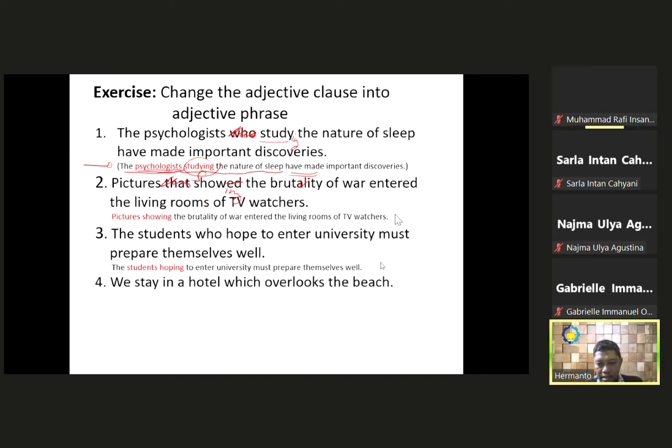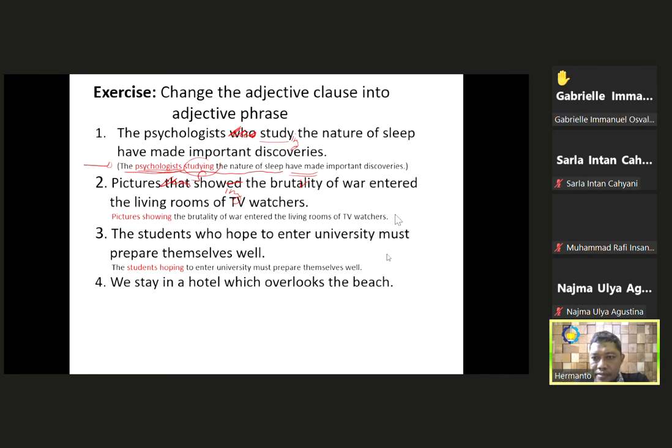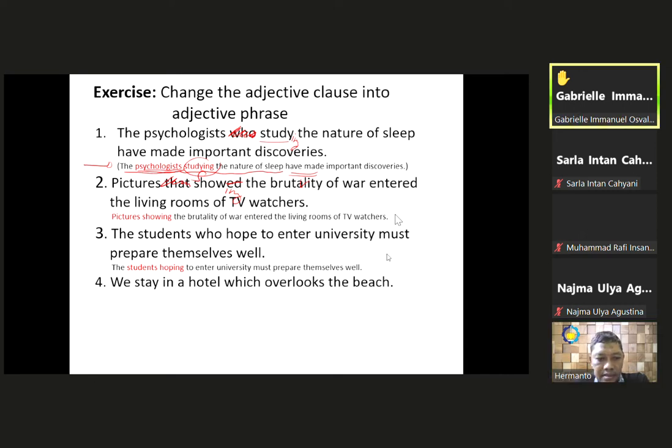Okay, everyone. Next, number 4. Yes, Gabriel again. We stay in a hotel overlooking the beach. Excellent.